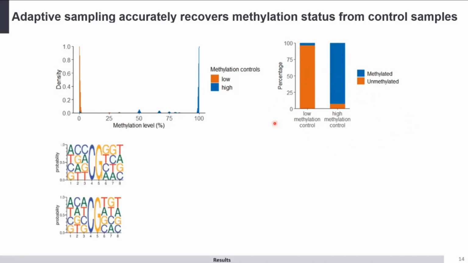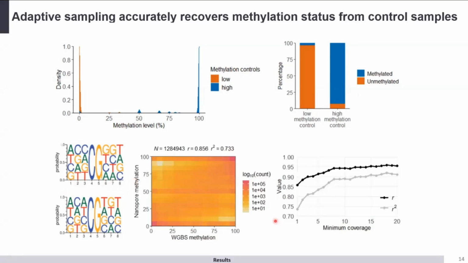We also examined the sequence contents around the CpG site and found an even distribution of the 4 bases surrounding this site for both samples, indicating no sequence biases in our Nanopore sequencing predictions. Furthermore, we compared our Nanopore methylation data with the published whole genome bisulfite sequencing data using the HG002 sample.